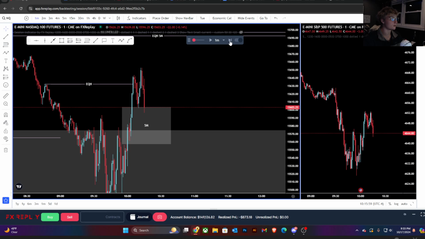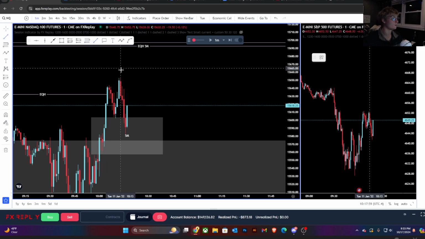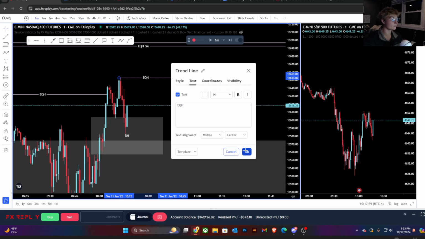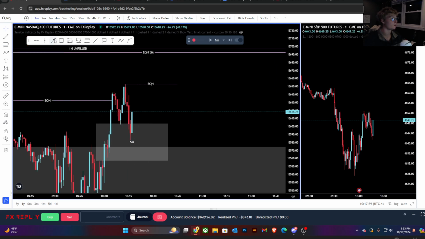Do like longs though. Alright, yeah, I'm gonna take this 1 minute for sure. We left more equal highs here. This looks super good now. If we can get this 1 minute inversion, I will be full porting.